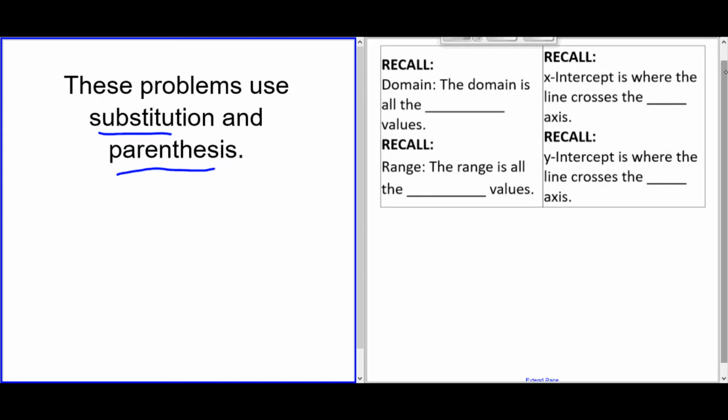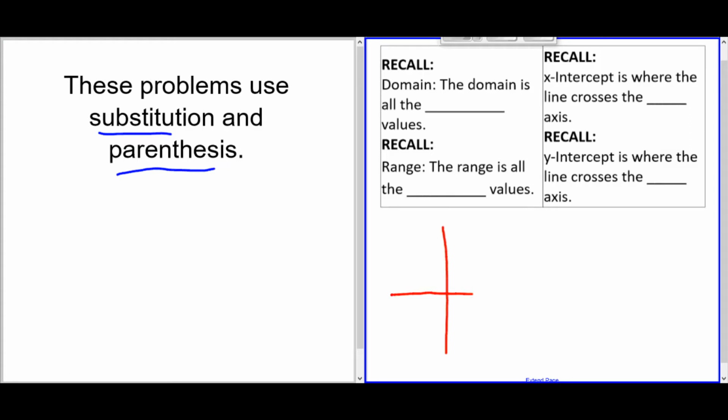Okay, so hopefully you paused the video. I'm going to sketch a graph down here, a grid. If you remember, in a grid the horizontal axis is the x-axis and the vertical axis is the y-axis.